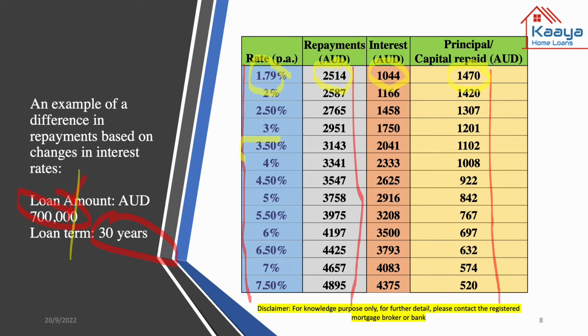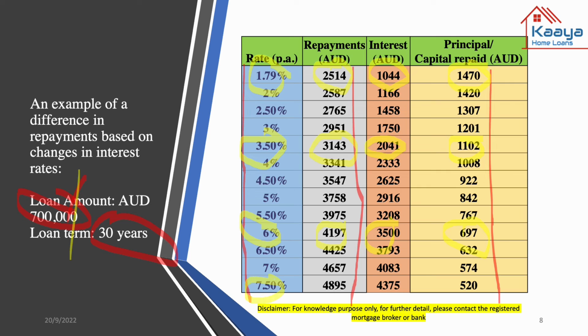But when it is 3.5%, you can see the rise in interest and decrease in your principal. If you see 6%, the same loan amount, the repayment has gone to 4,197, where you will be paying $3,500 as interest to the bank and only 697 as principal.